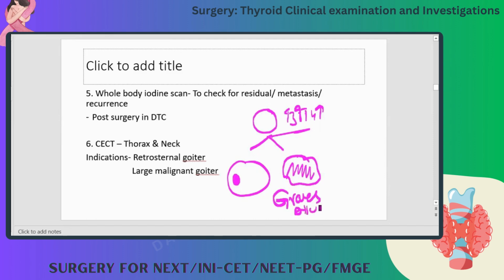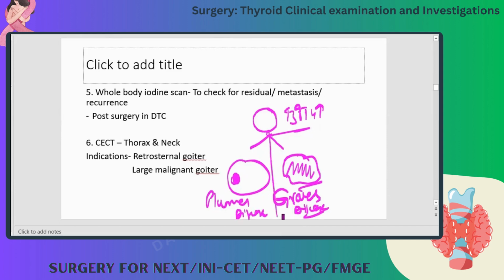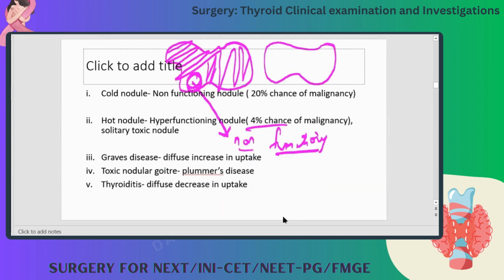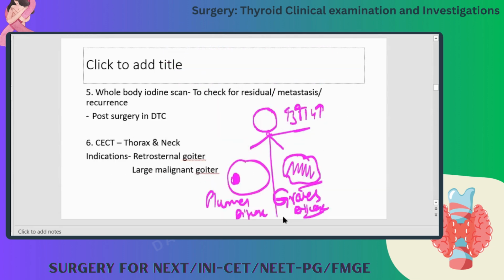If only one nodule is there, then it is known as Plummer's disease. Just remember these two. If the whole gland is increasing in function, T3, T4 increasing, then it is Graves' disease. Clear? If only one nodule is there, then it is Plummer's disease.